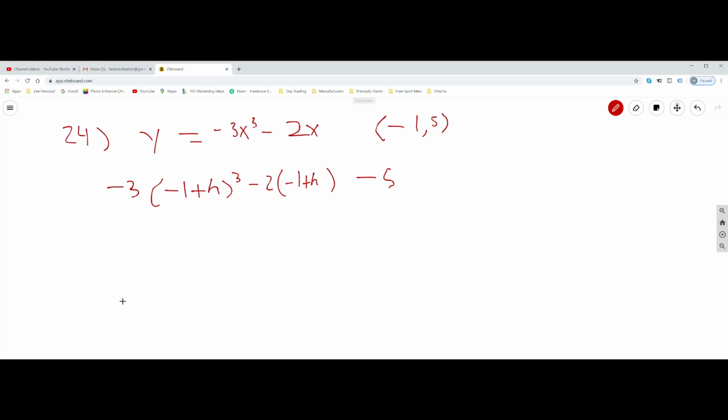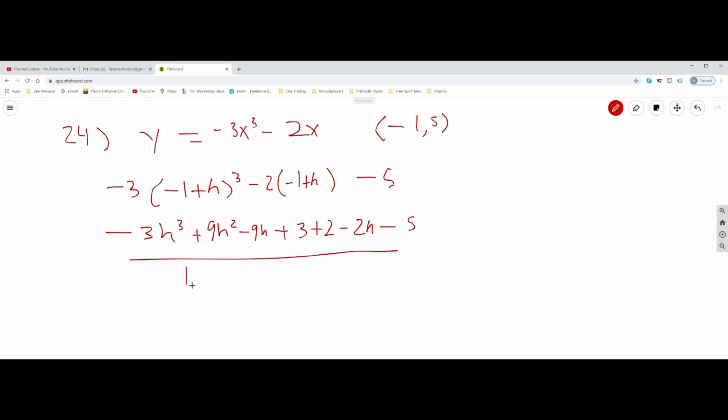So this comes down to negative 3h cubed plus 9h squared minus 9h plus 3 plus 2 minus 2h minus 5 over h.